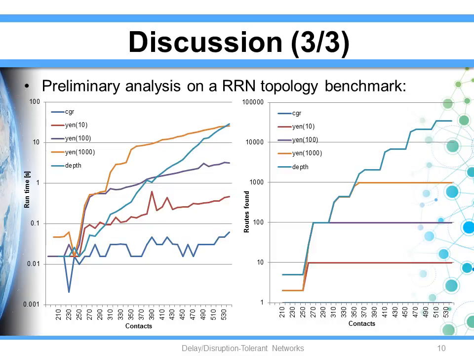So this is quite a pessimistic scenario where we are testing CGR, which is the blue line, with the anchoring mechanism and everything that's currently implemented in ION.